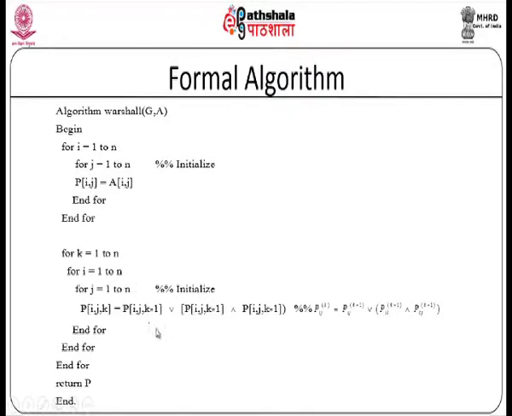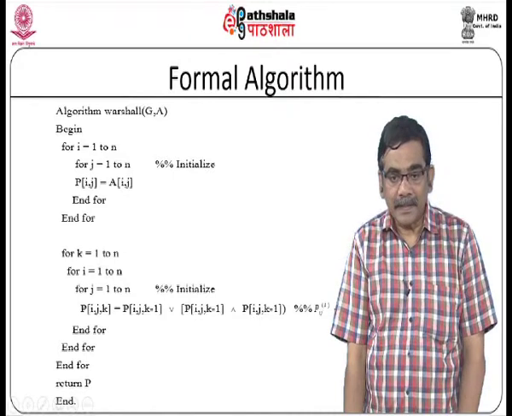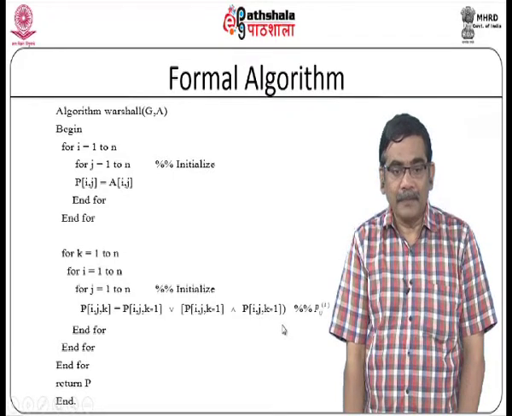Then this is the core part: P of i j at iteration k is obtained from the previous, k minus 1th iteration, P of i j of k minus 1, or the path via k, that is P of i k and P of k j.